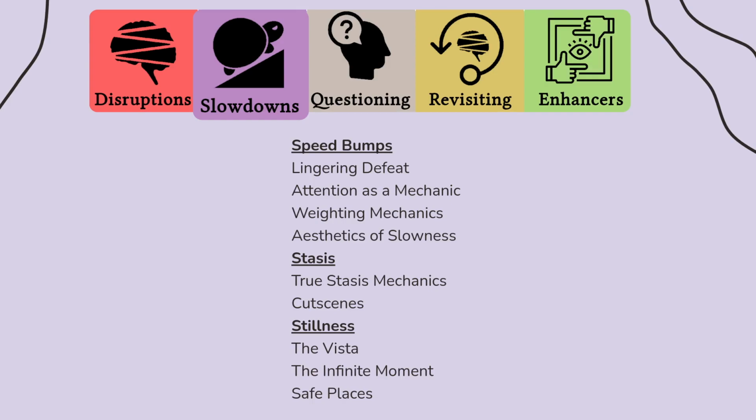They directly stop the player, such as via a cutscene, from taking actions. And then there are stillness patterns. Stillness patterns don't do anything specific, but they're more about the aesthetics. They're more about creating an environment that is serene and restful, an environment in which the player feels comfortable taking a moment and thinking about earlier disruptions.